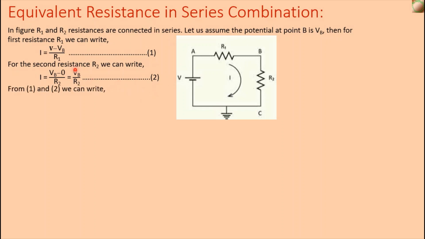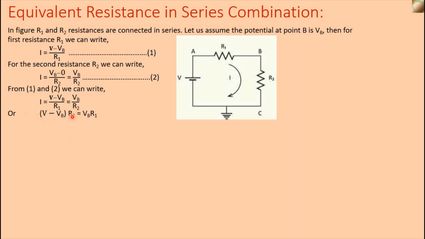From these two equations, we can write I is equal to V minus VB divided by R1, and I is equal to VB divided by R2. Therefore, V minus VB divided by R1 is equal to VB divided by R2.